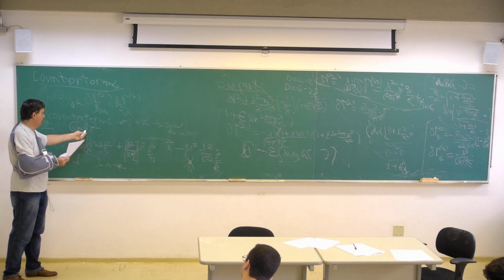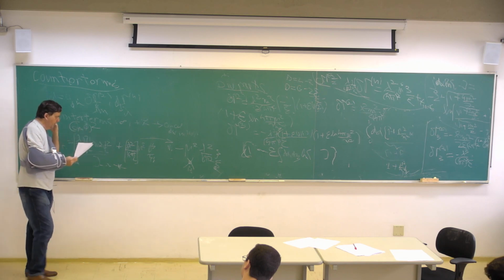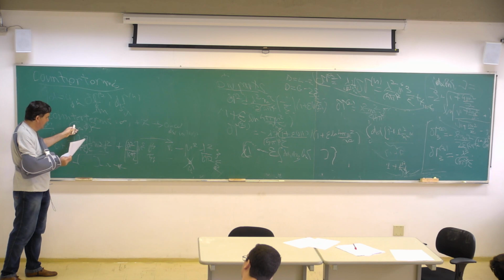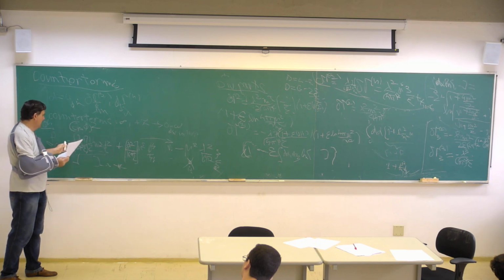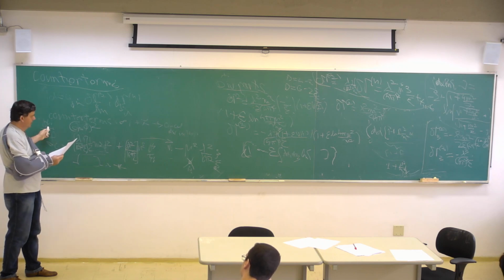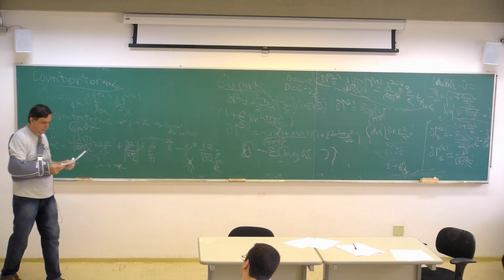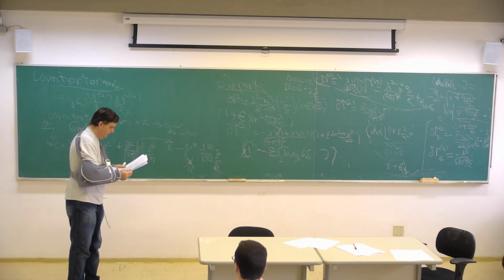I could absorb this, and as I said, this would be called a wave function renormalization. But there was no such divergence in phi 4. So phi 4 does not have wave function renormalization.